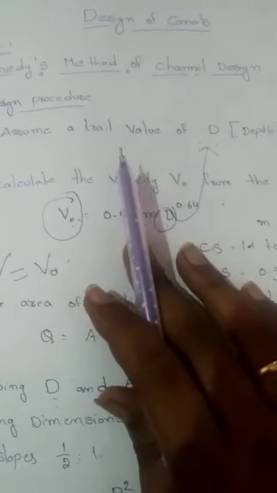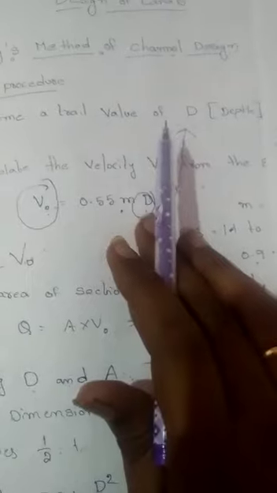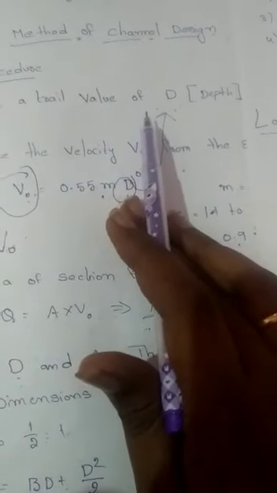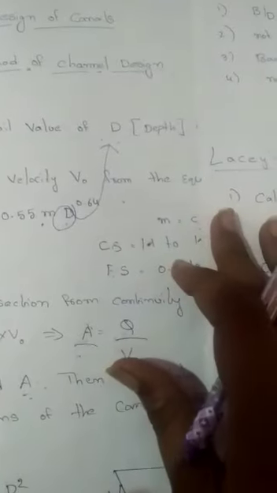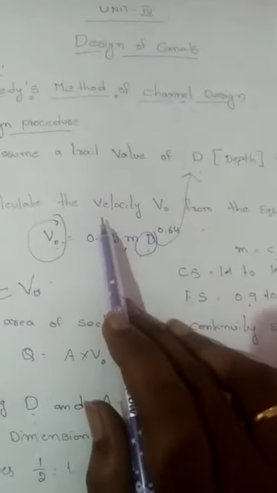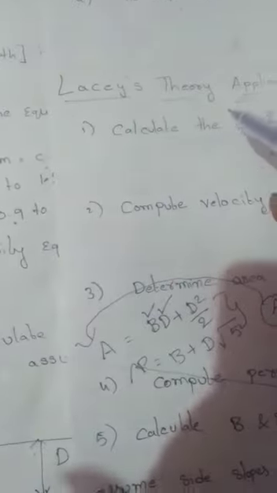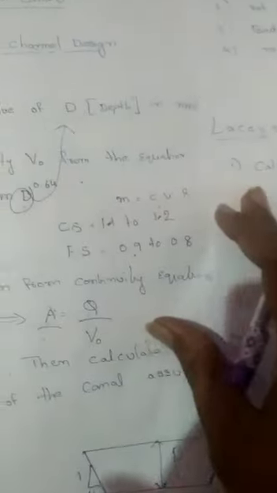First of all, in Kennedy's theory, he assumes a trial value of depth. But Lacey's theory is not a trial and error method. It is a direct method. That is the first main comparison. Kennedy's theory is a trial and error method, and Lacey's theory has a single method.